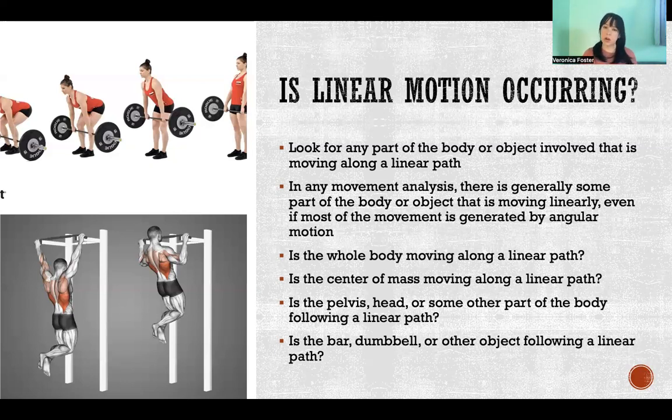But that linear motion occurred as the result of combinations of angular motions that were taking place at all of the different joints that propelled the body from point A to point B. So in a lot of cases, the linear motion that's occurring is being caused by angular motion of combinations of other joints. But in any case, that linear motion is still occurring, regardless of what axis the linear motion is taking place on or what caused it. There's some kind of linear motion in pretty much every movement analysis.